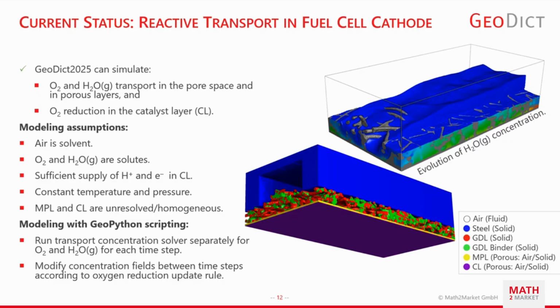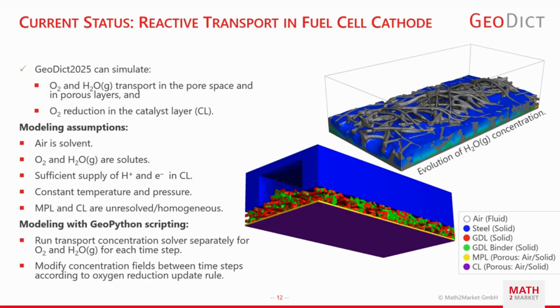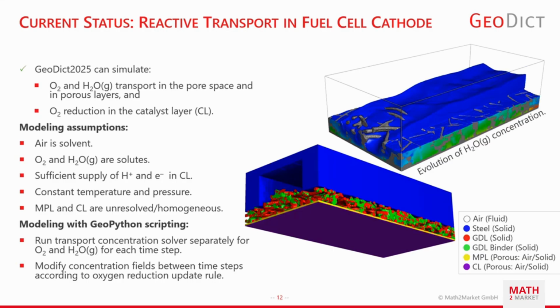First, we run a flow simulation through the fuel cell, and then we use the transport solver. So we transport oxygen, and then we transport water vapor. And so we transport concentration with a velocity, and then between different time steps we use some kind of update rule, and this can be implemented in Python, and you can very easily use a simple update rule to implement the oxygen reduction equation.